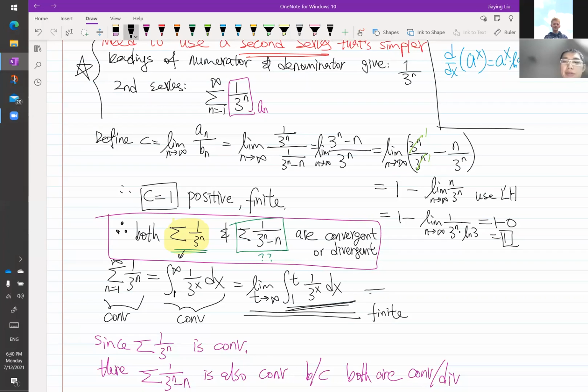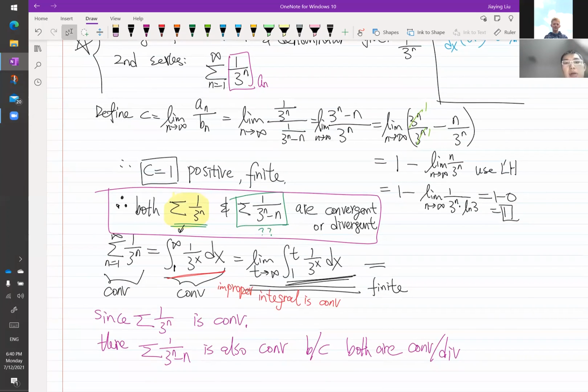If you carry out this process, you're going to find that when you take the limit, you end up with a finite value, which tells you that the improper integral is convergent. And what test is that at the bottom?